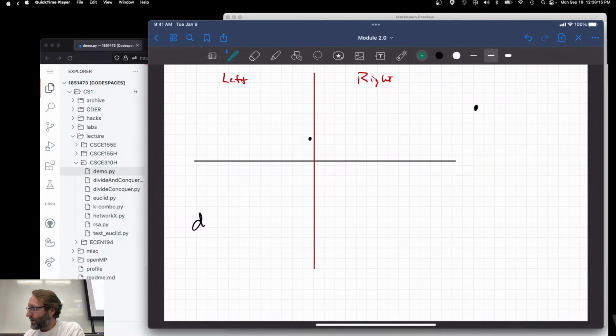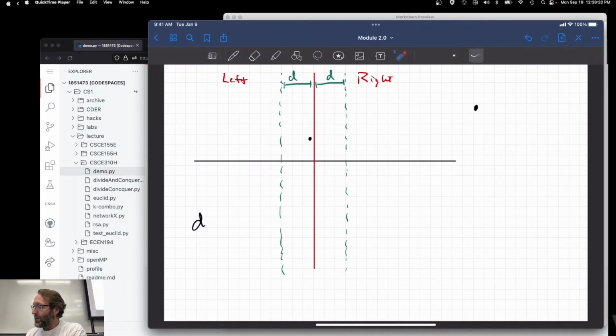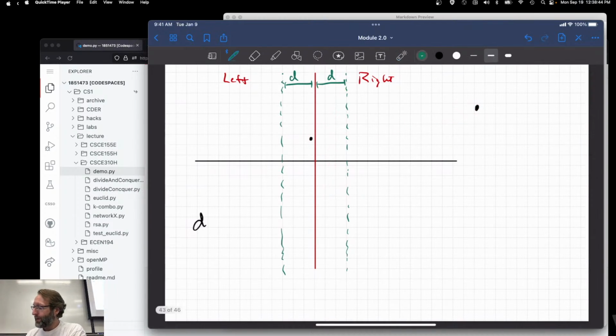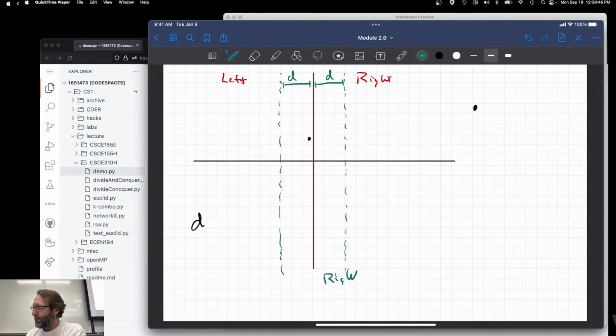I'm going to draw another imaginary line over here, and another imaginary line over here, that is distance D from that middle point. Do I need to compare it to something over here that is more than distance D away from the cutoff point already? No. I only have to focus on points within what I'll call a slice. So this is the right slice, and this is the left slice.